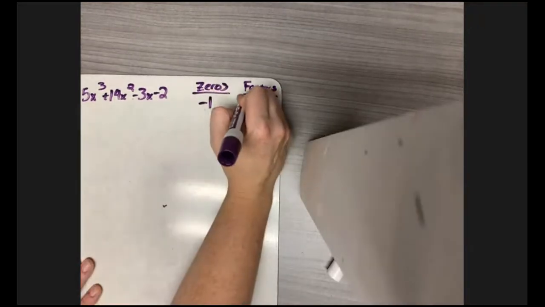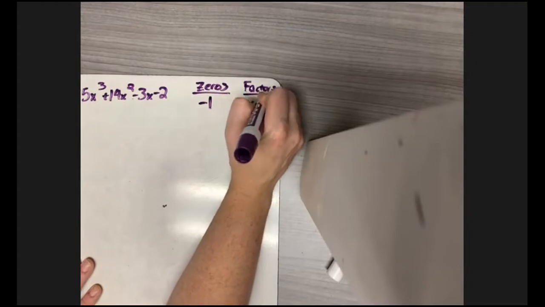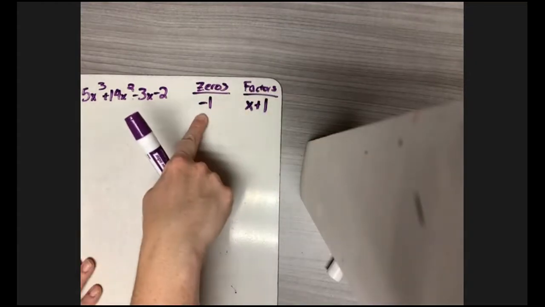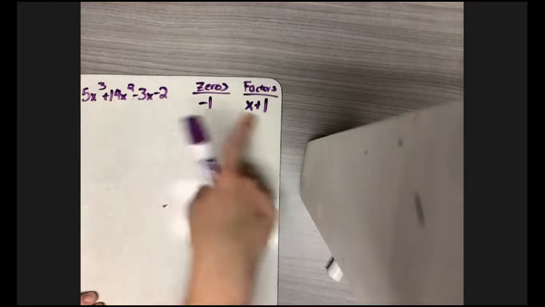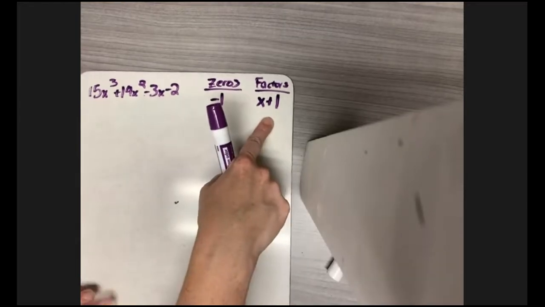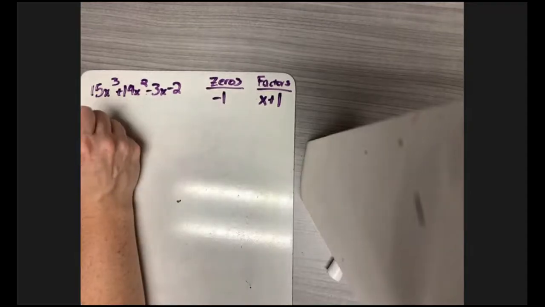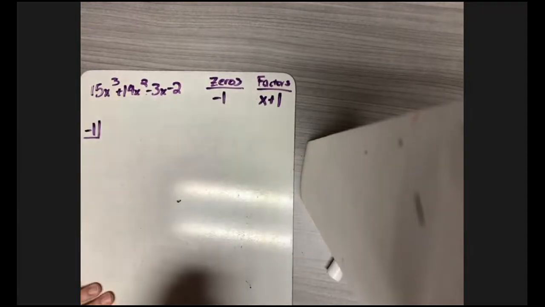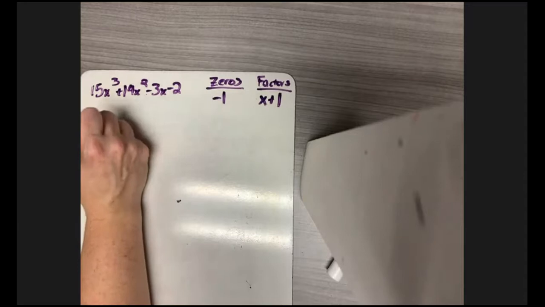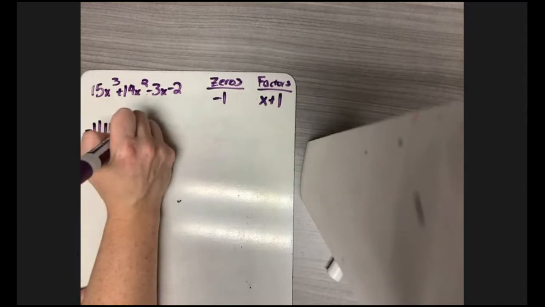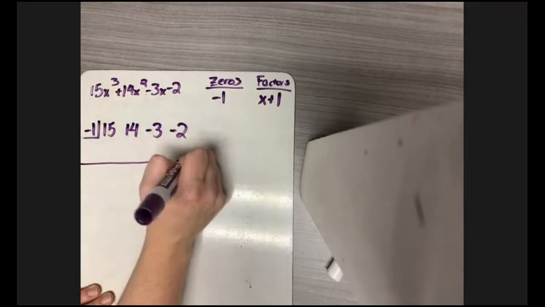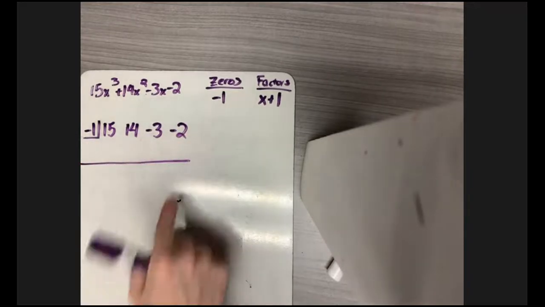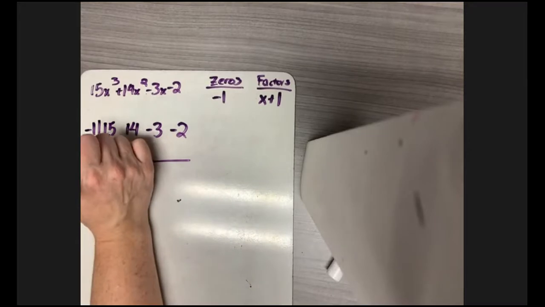The factor for that goes with the opposite sign, with the x. The zero would be the number that would be in the box. If they're telling me this is a 0, then I should be able to put negative 1 in the box, run synthetic division with this, and I better get 0 in this last spot.